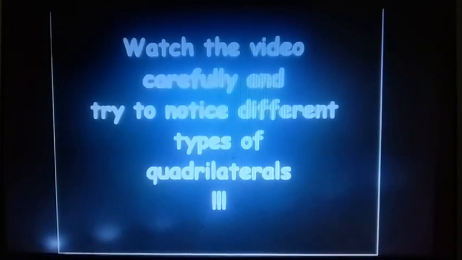Observe the given video. Watch the video carefully and try to notice different types of quadrilateral in this.